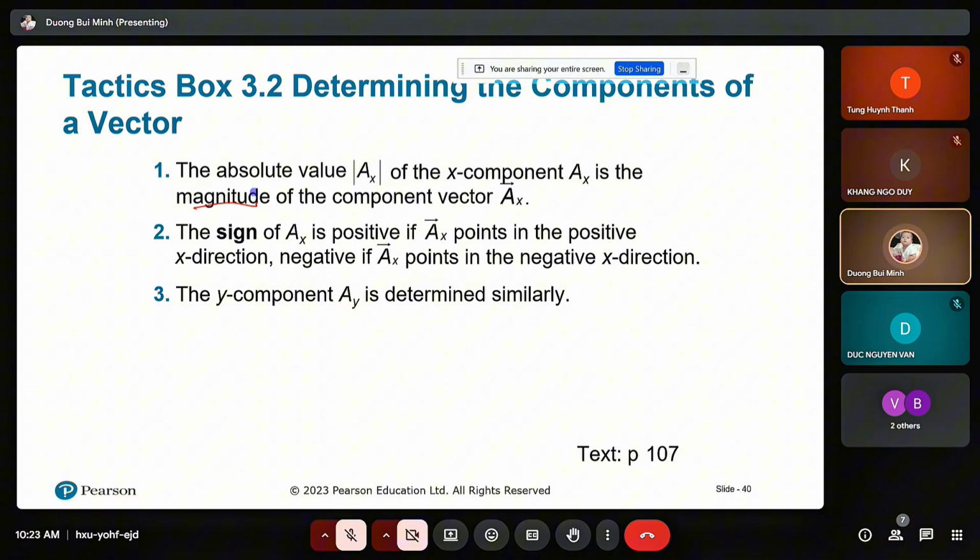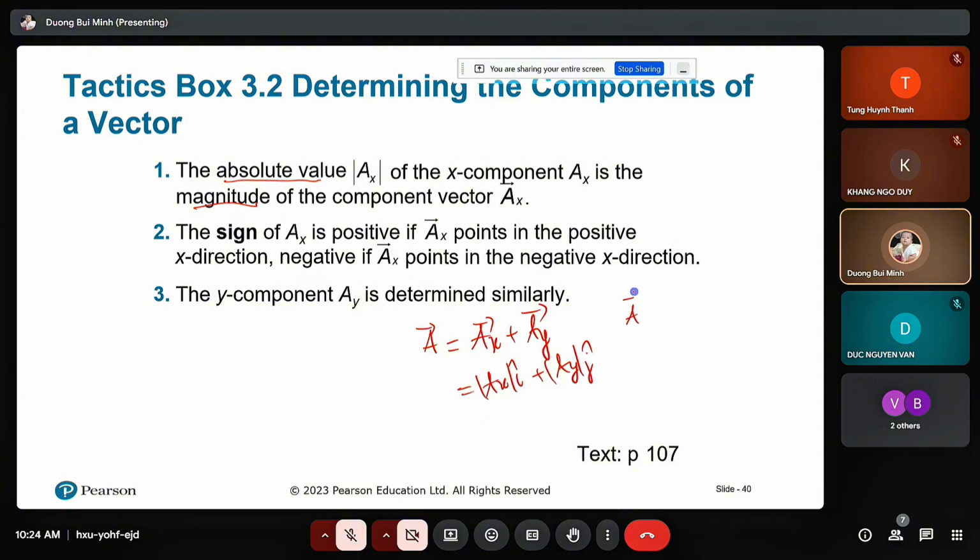The magnitude is always positive, so we have the absolute value of Ax. Vector A is vector Ax plus vector Ay. If we say Ax, we should use the unit vectors i-hat and Ay j-hat.